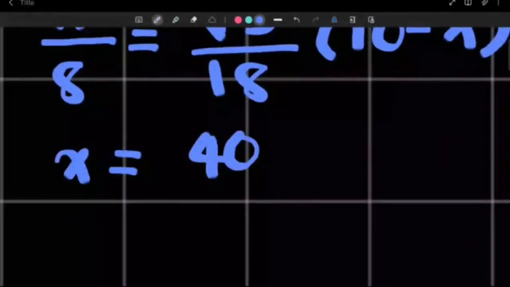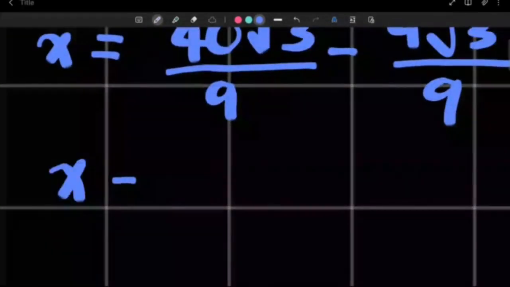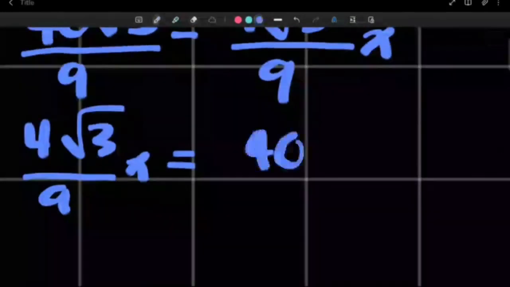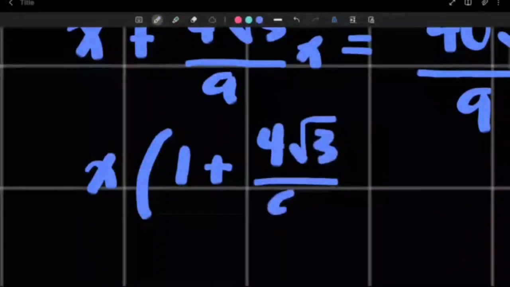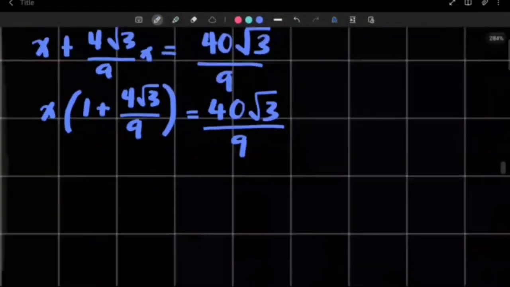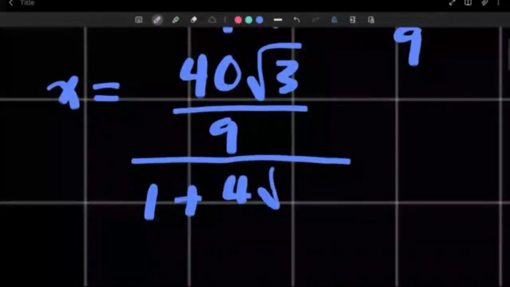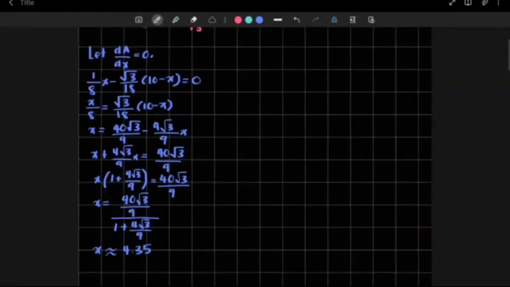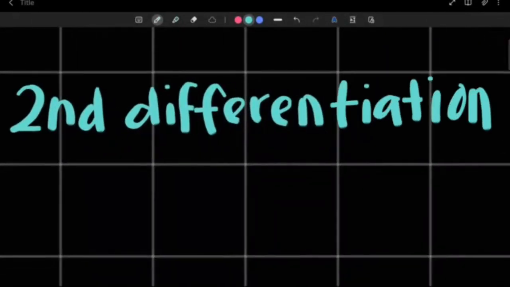This value is used to find the maximum and minimum area when dA/dx is equal to 0. So the area is not increasing or decreasing at this point, but it's either a maximum or minimum value. After that, we are going to use the second derivative to check whether it is a minimum or maximum value.